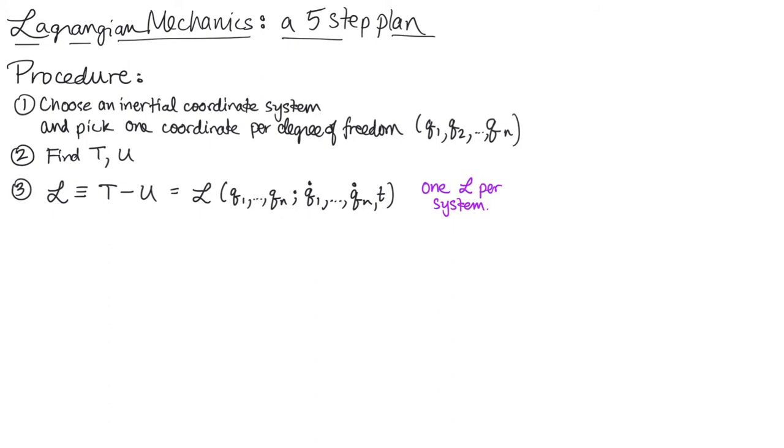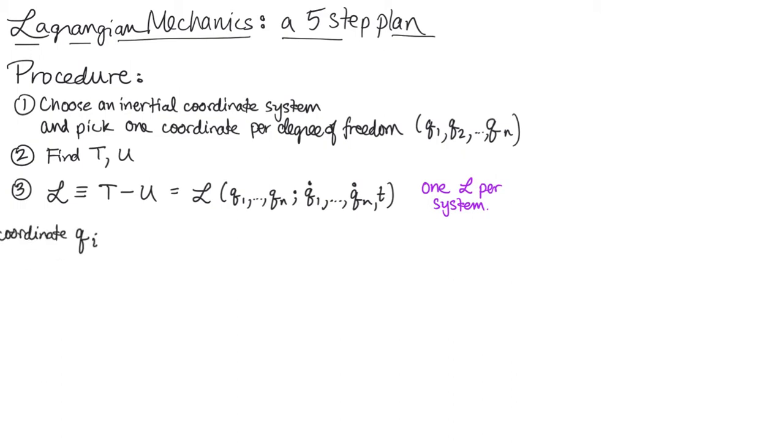Step 3 then is just a very straightforward step. It's construct the Lagrangian. You've already found T and you've already found U, and now just take their difference, and that defines the Lagrangian. Your Lagrangian will then be in terms of the generalized coordinates q1 through qn and their time derivatives, the generalized velocities, and occasionally you'll deal with a Lagrangian that has explicit time dependence.